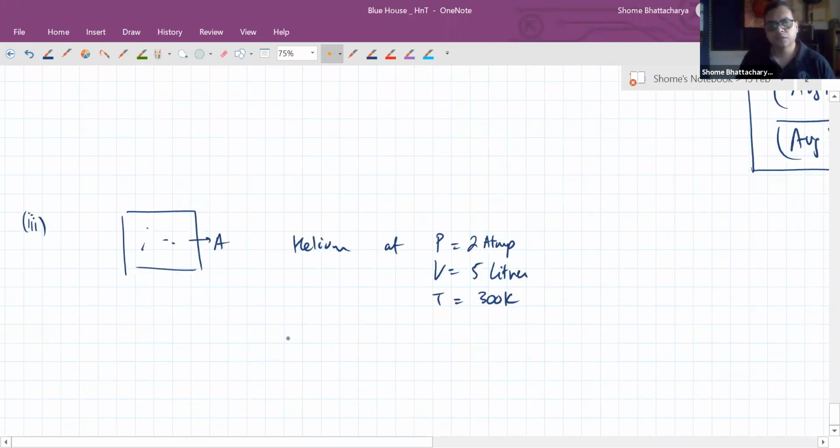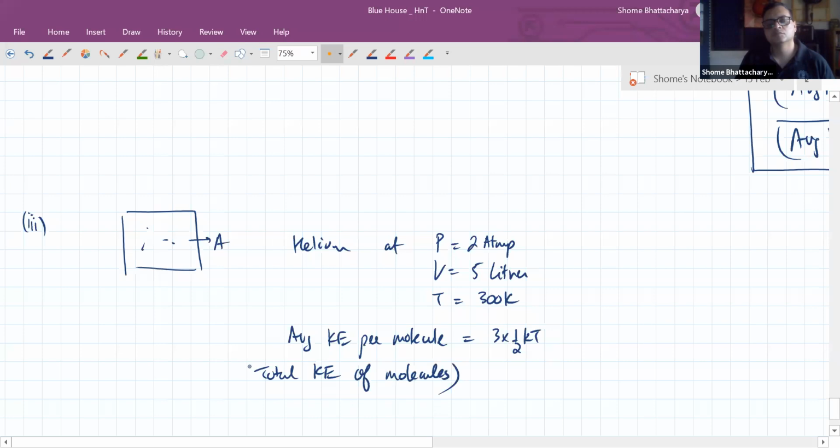All right. So now we know that the average kinetic energy per molecule, we just now saw this, was equal to 3 into half kT. So total kinetic energy of molecules will become the number of molecules multiplied by average kinetic energy per molecule.